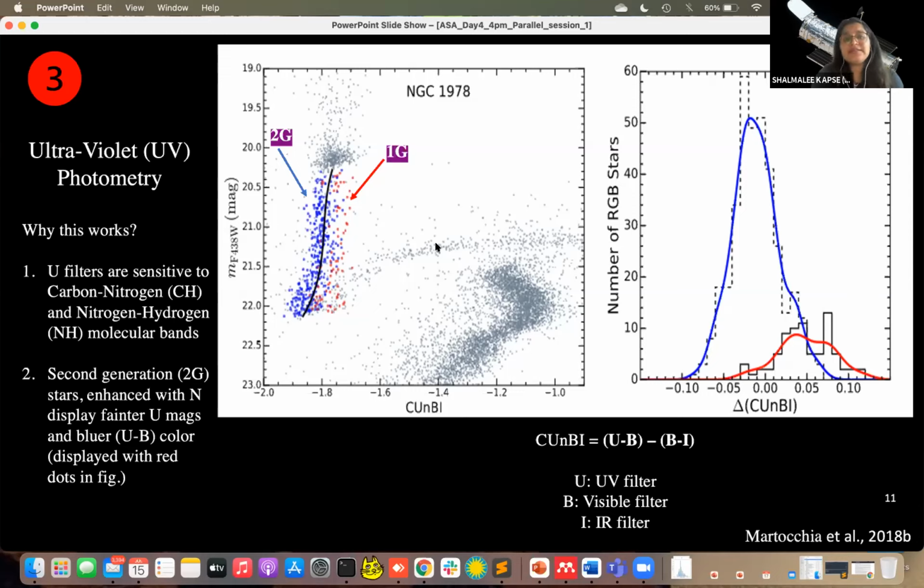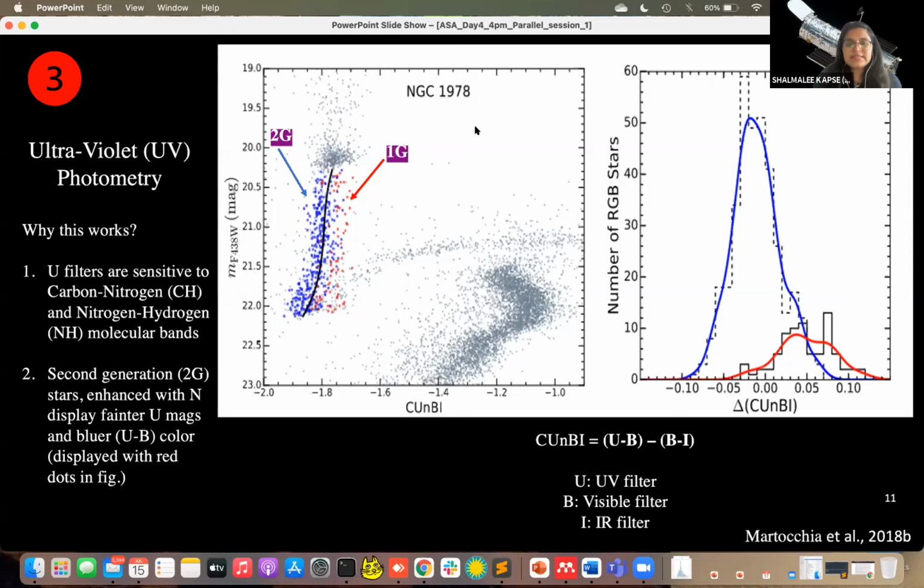The reason why this works is that UV filters are very sensitive to certain chemical molecular bands, and as a result, the second generation of stars, which are enhanced in N, display the same magnitudes but are bluer in color, and the first generation are redder in color.